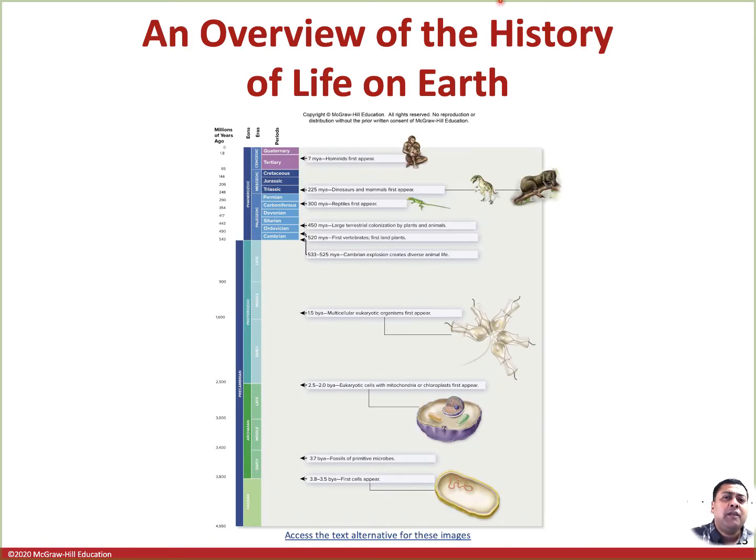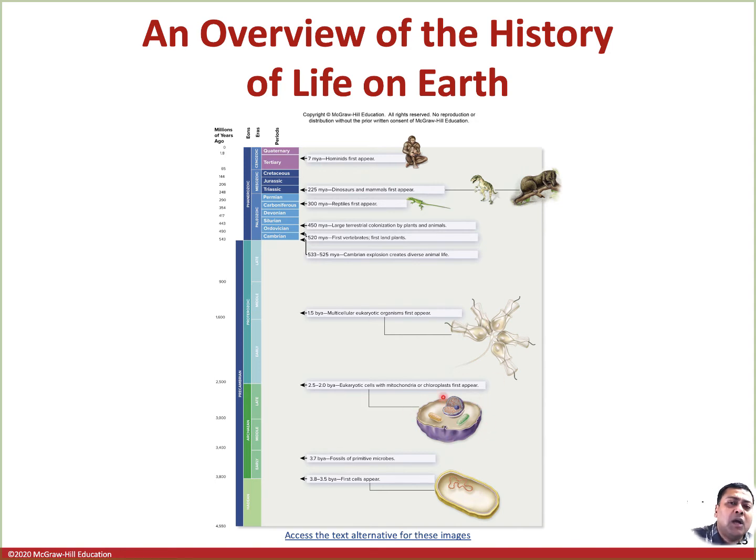So here we are just looking at an overview of the life history of Earth as well, and I don't want you to memorize all of that. You can see that the Earth is almost 4.5 billion years old, and about 3.8 to 3.5 billion years ago, the first ancestral type of cell probably arose. We think that about 2.5 to 2 billion years ago, the first eukaryotic cells developed.